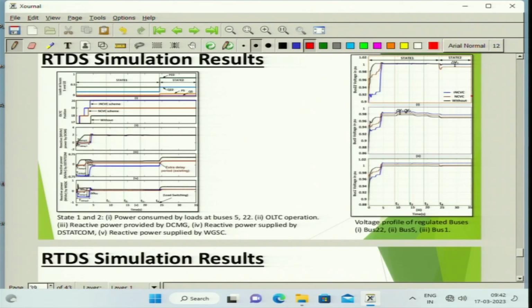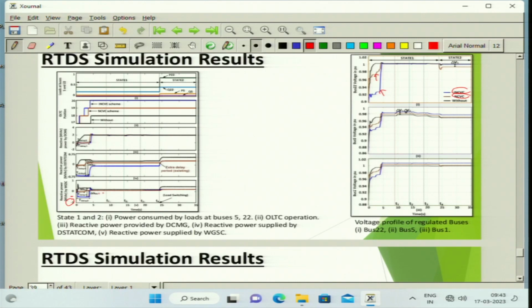As compared to our own previous scheme, shown in this maroon color, the blue color is the improvised novel scheme. You can see here the reactive power is negative, -1. That means during the delay period the proposed scheme is consuming, whereas the NCVC is just idle.